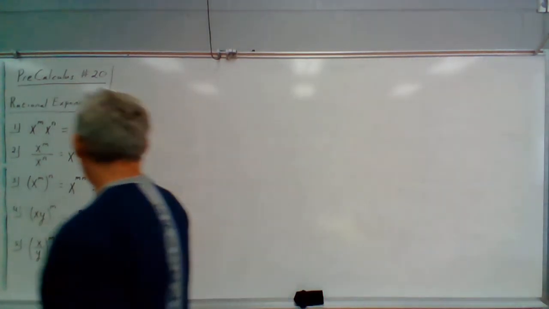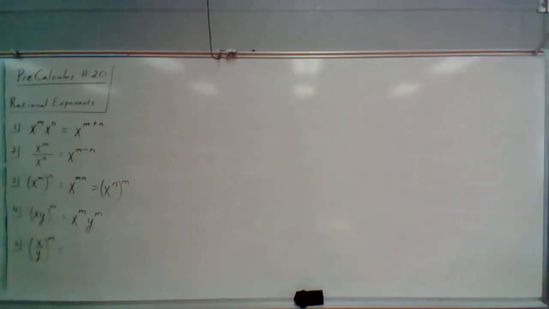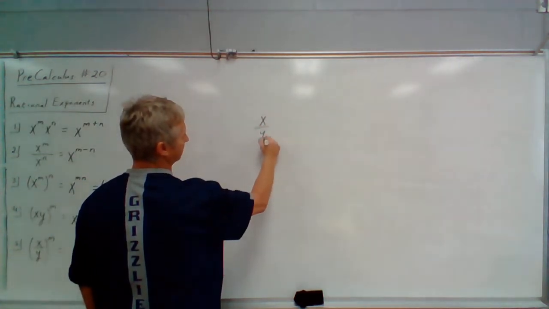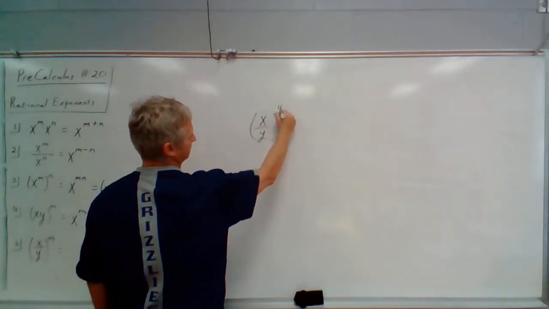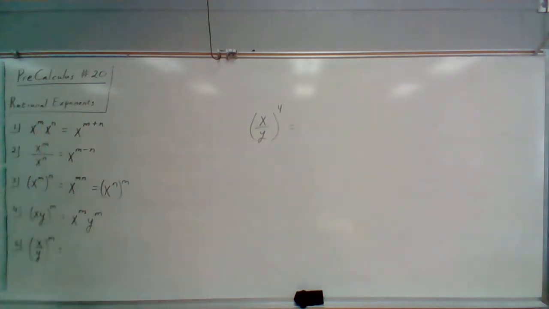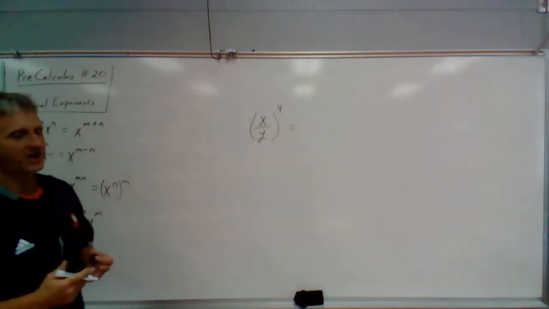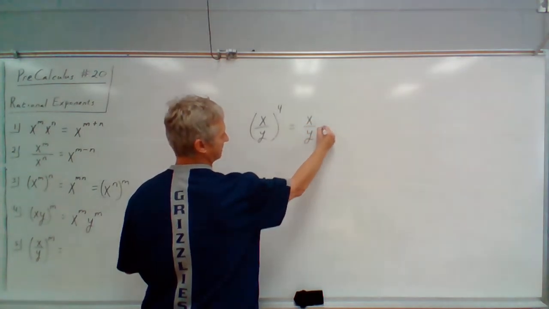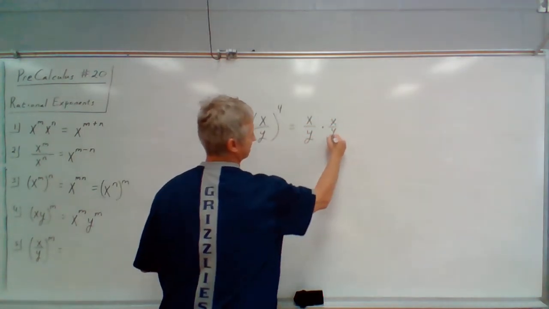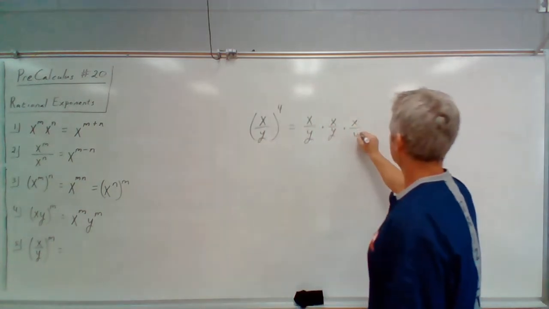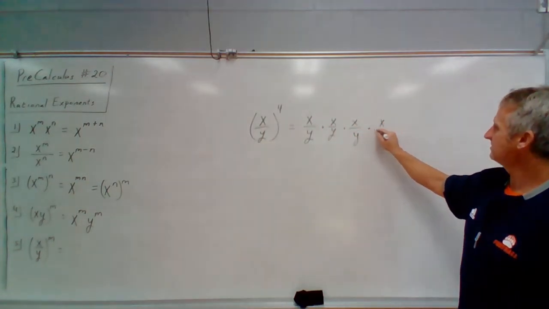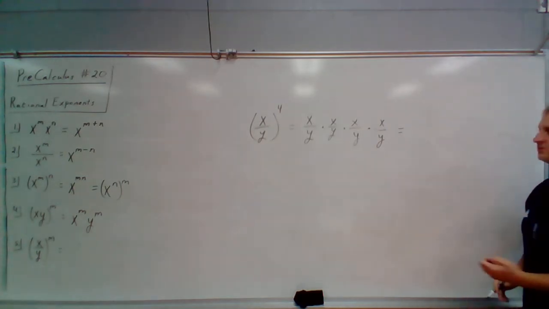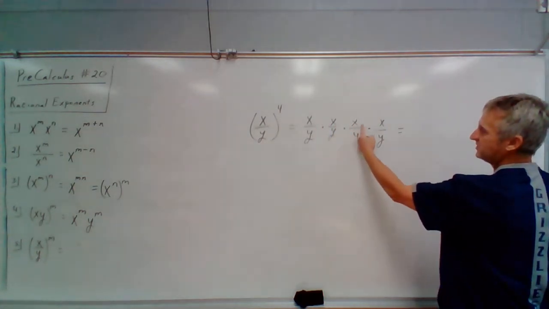All right, so what about x over y to the m power? So for example, say we had x over y to the 4th power. Okay, if I raise something to the 4th power, then I multiply it by itself 4 times. So I would have x over y times x over y times x over y times x over y. Okay, so I multiplied all these fractions together, so I just multiply the numerators.